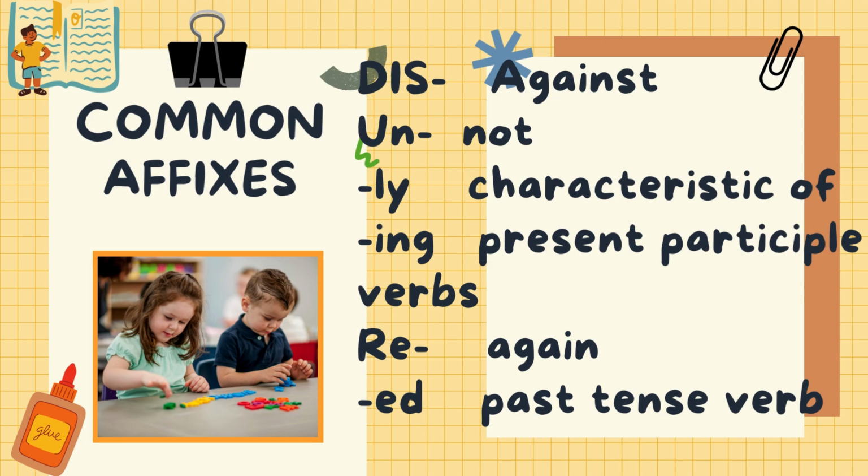An example is quickly. ing, present participle verbs. Example, jumping. Another one is re, which means again. An example of this is rewind. The last one we have listed here is ed, which is past tense verb. And an example of this is hopped.